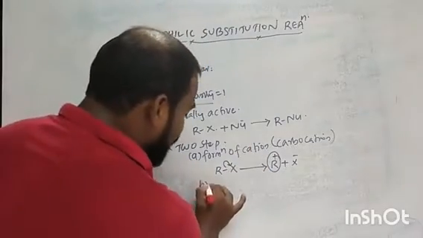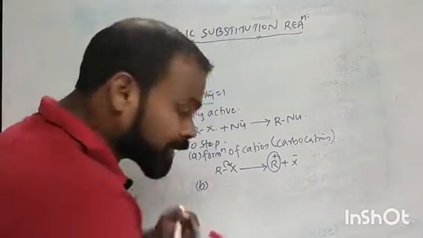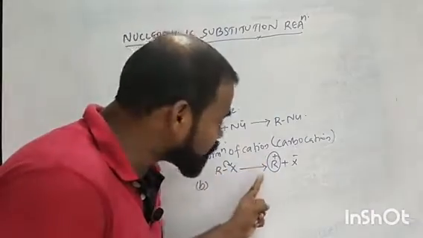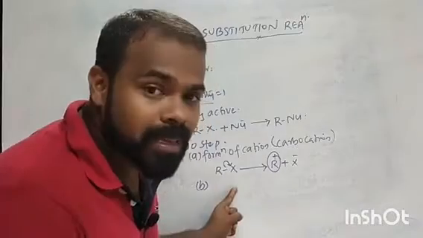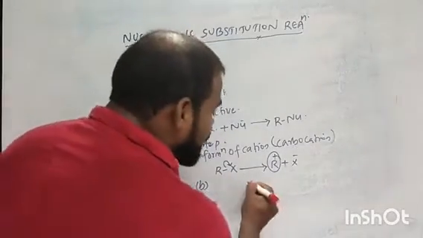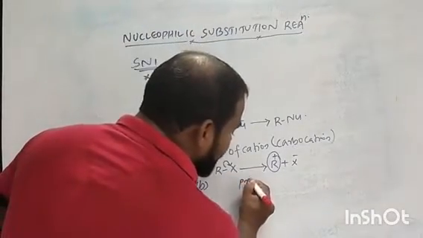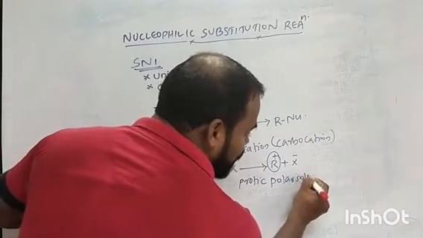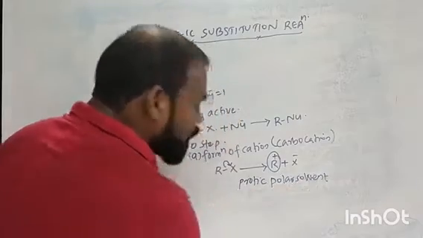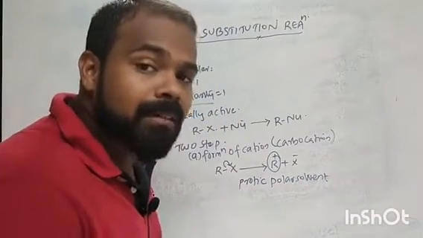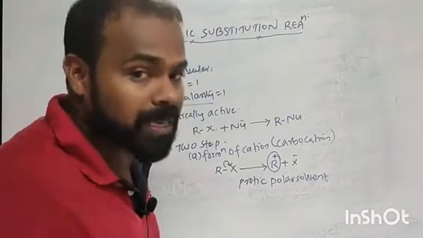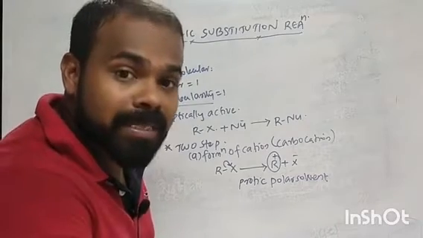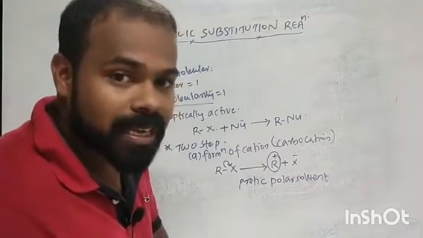Then one more thing. If the formation of the carbocation is not easy, it should occur in the presence of a protic polar solvent. What is the meaning of that? Protic means a compound that donates H plus ion. Polar means it acquires two charges, negative and positive.